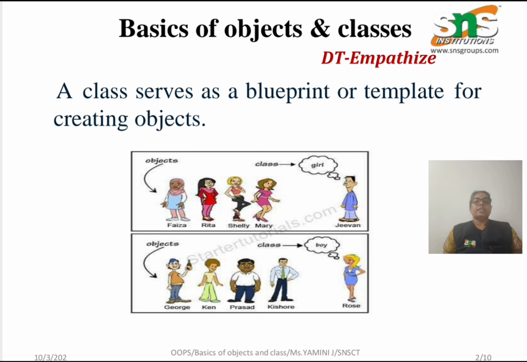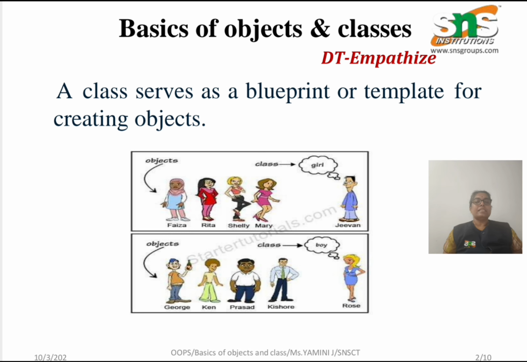Once the class is defined, we can create many objects from it. Each object will have its own data but will follow the structure defined by the class. This approach helps programmers organize code better, reuse components and model real-world problems more efficiently.